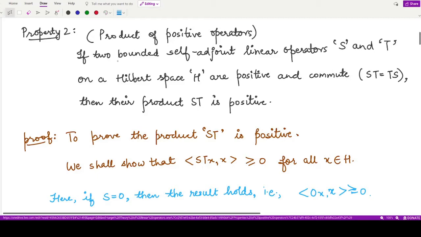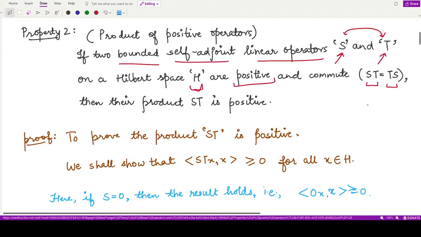It states that if we have two bounded self-adjoint linear operators, let's call one S and another T, both defined on the given Hilbert space H, and both positive in nature, and in addition we are also given commutativity. That means both these operators commute with each other. That means instead of ST, we may write TS. There is no difference between these two things.